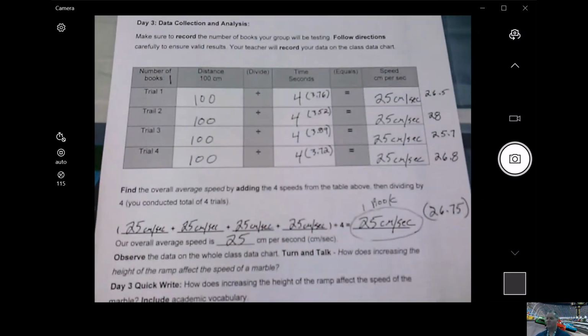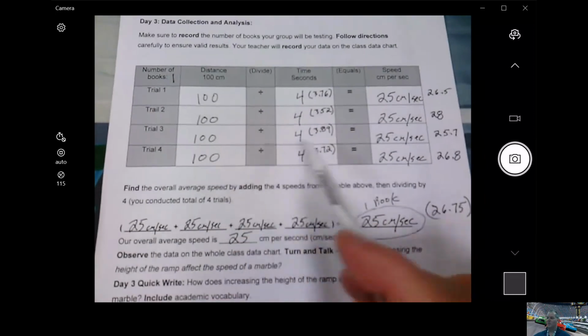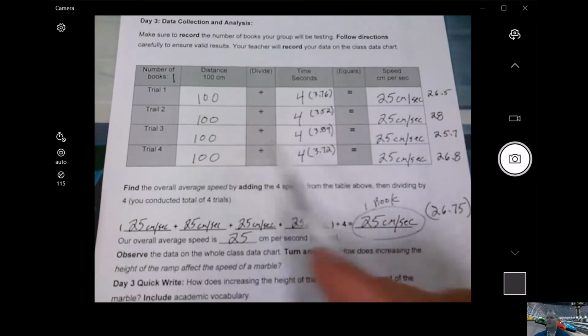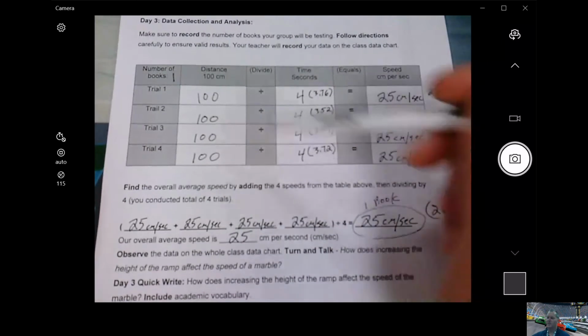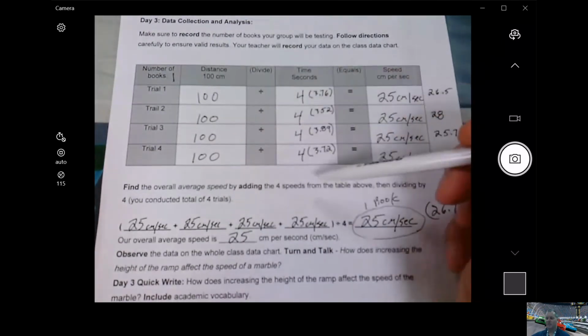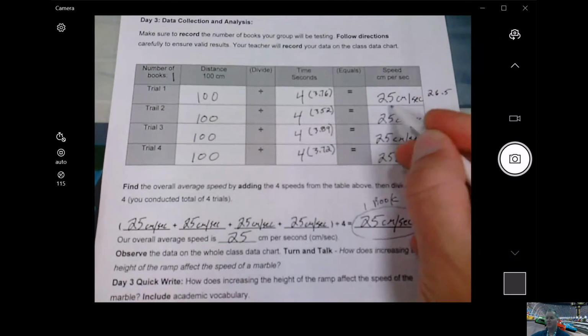So very cool. The biggest thing is we want you to understand what these numbers mean and how they relate to speed. So 25 centimeters per second, what does that mean?